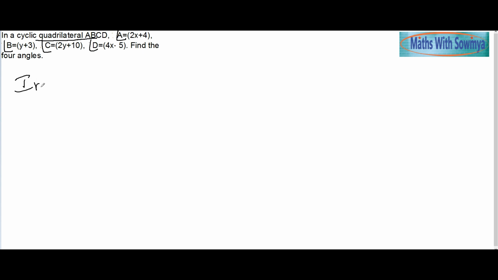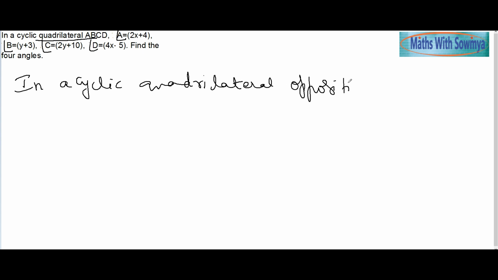So you just write, in a cyclic quadrilateral, opposite angles are supplementary.